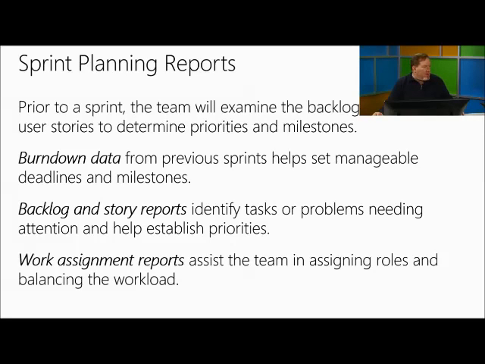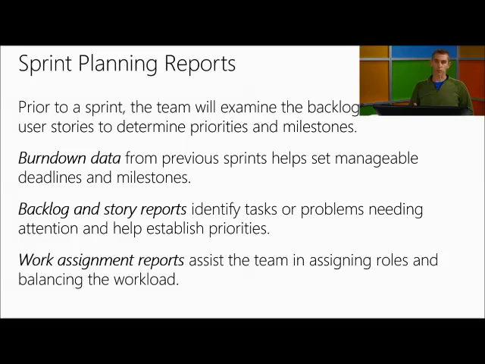So another type of report is really sprint planning. And we talked a little bit about this as we went over the Agile process. We talked about the sprints and how sprint planning was really important and very dependent upon these types of burn down reports. Can you talk a little bit more about that for us, Eric? Sure. So we talked a little bit before about the retrospective during the sprint planning. So the burn down data is part of that retrospective.